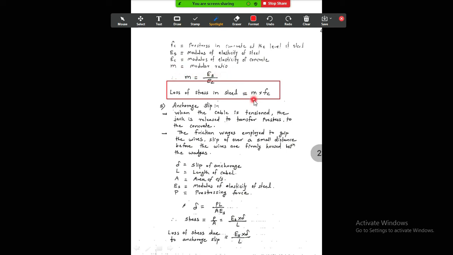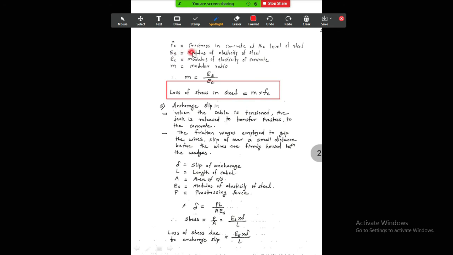M can be calculated as Es upon Ec, where Es is the modulus of elasticity of steel and Ec is the modulus of elasticity of concrete.